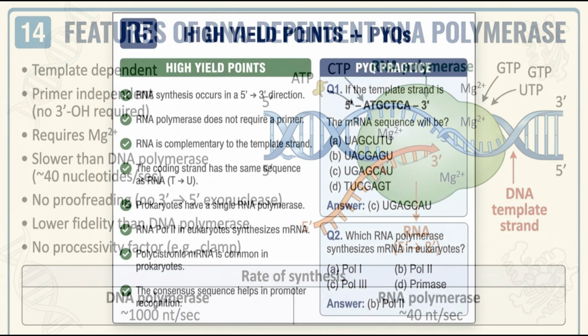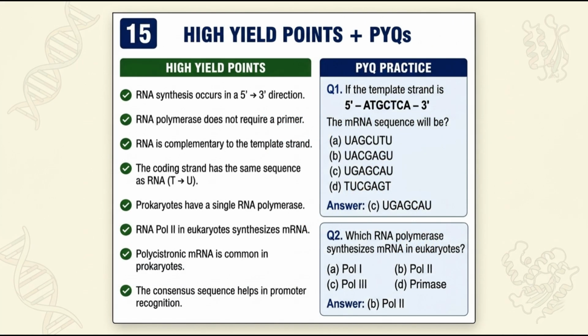Let us quickly revise the important concepts from today's lecture. Transcription synthesizes RNA from DNA. RNA synthesis occurs in the 5' to 3' direction. RNA polymerase does not require a primer. RNA is complementary to the template strand.